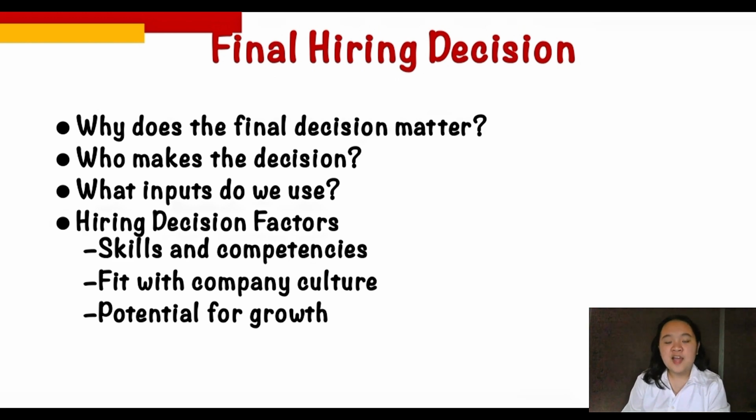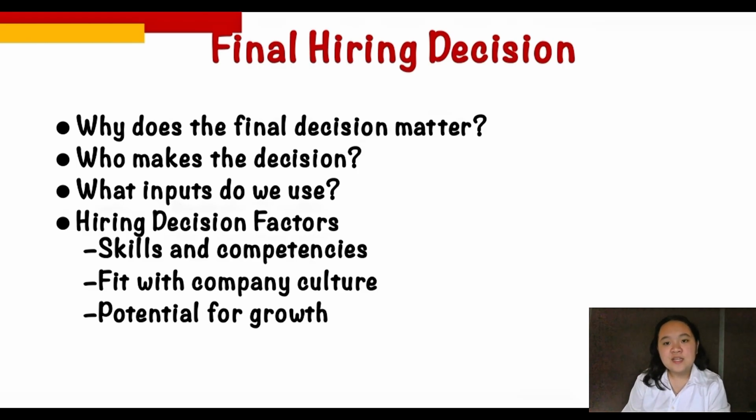Here are some of the hiring decision factors: skills and competencies, fit with the company culture, and lastly, potential for growth. Good hiring starts with clear criteria. Decide what is must-have and what is nice to have.